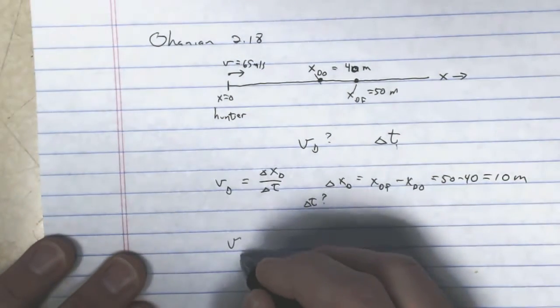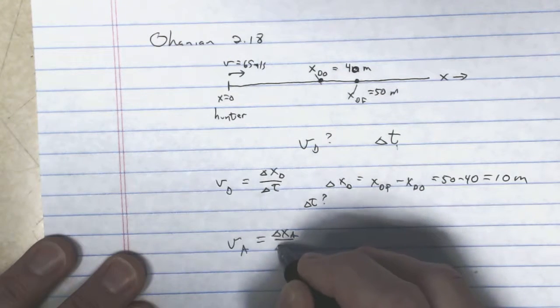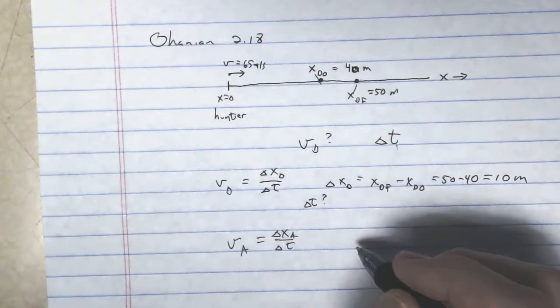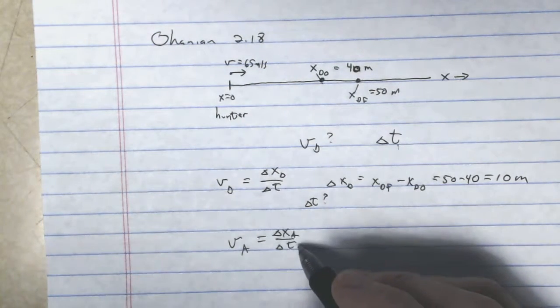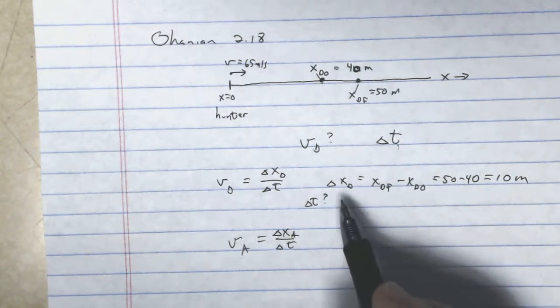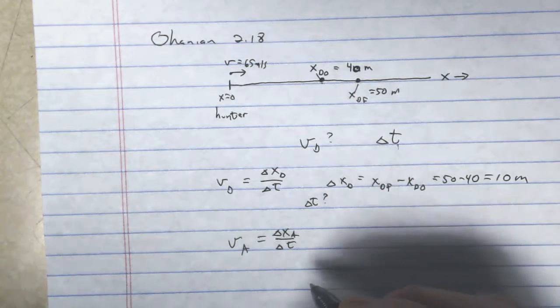The velocity of the arrow is delta x of the arrow over delta t. Okay, and I know the velocity of the arrow, and I know delta x of the arrow. Okay, it travels from 0 to 50 meters. So actually I can use this to solve for delta t.